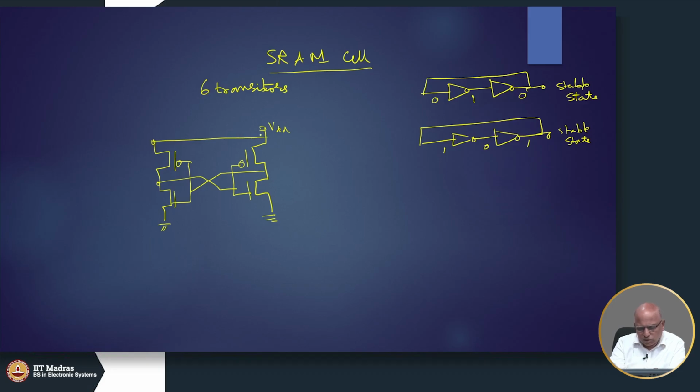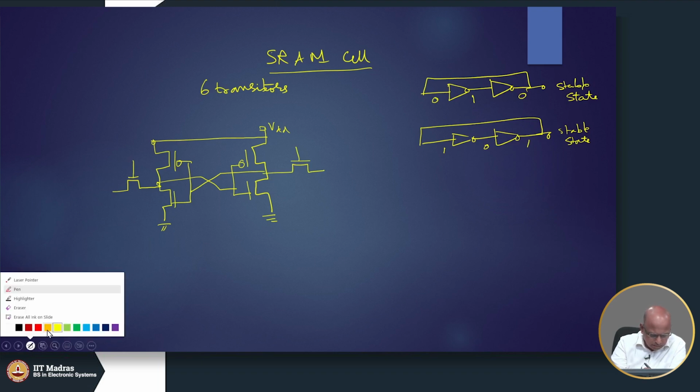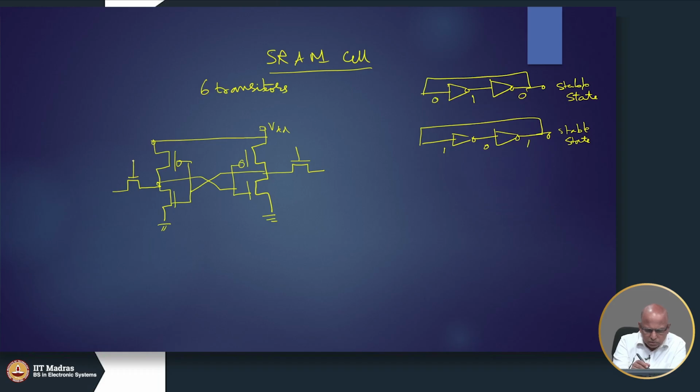So, we have used 4 transistors, 2 PMOS and 2 NMOS transistors. In addition to that, there will be 2 more transistors. And these are connected. So, these will be connected.